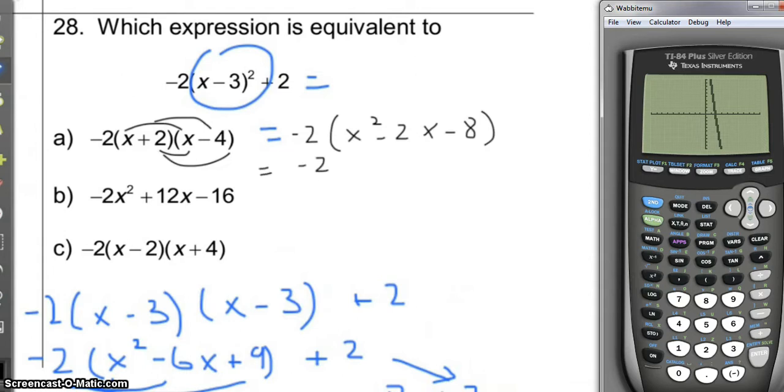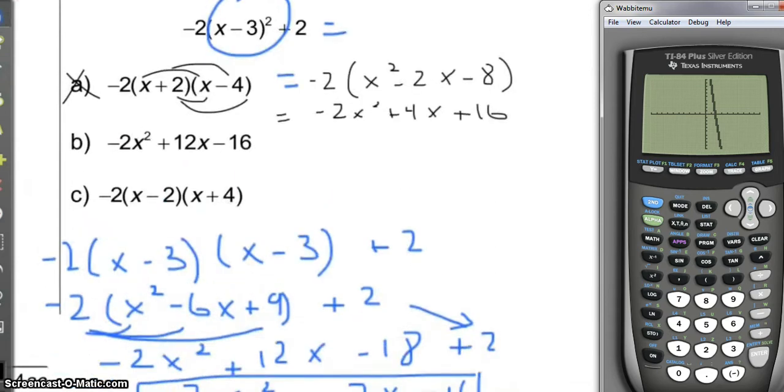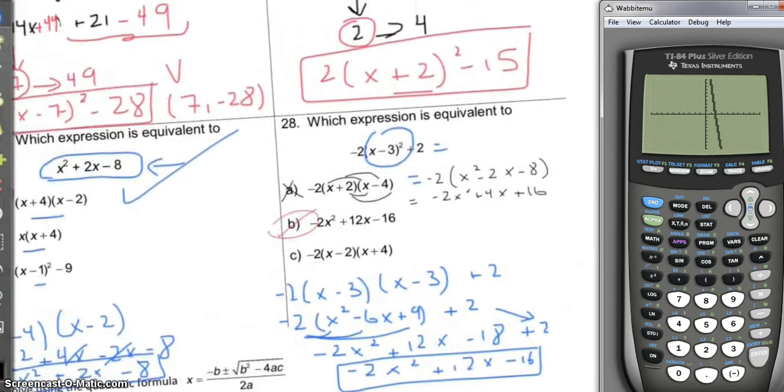Then it will be negative 2x squared plus 4x plus 16. As you can see, it's not what they gave you, so A is not the answer. Now let's try B. As you can see, B is the same thing, and you could have told from the beginning, you didn't even have to do A, so B is the answer, but I'm just showing you how you would check your answer. So this is 27 and 28.